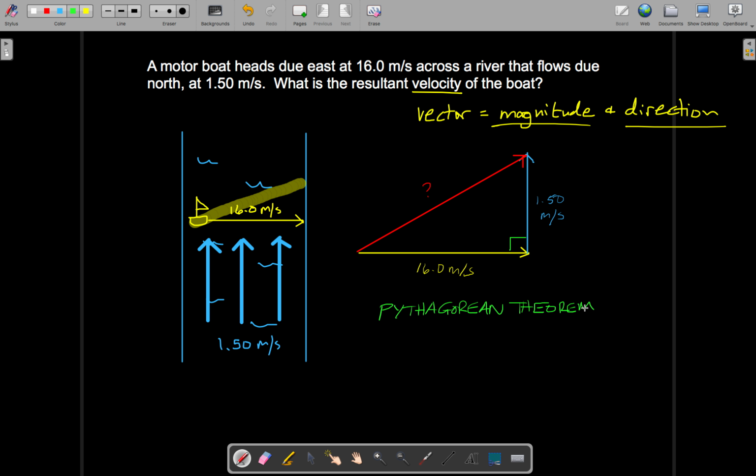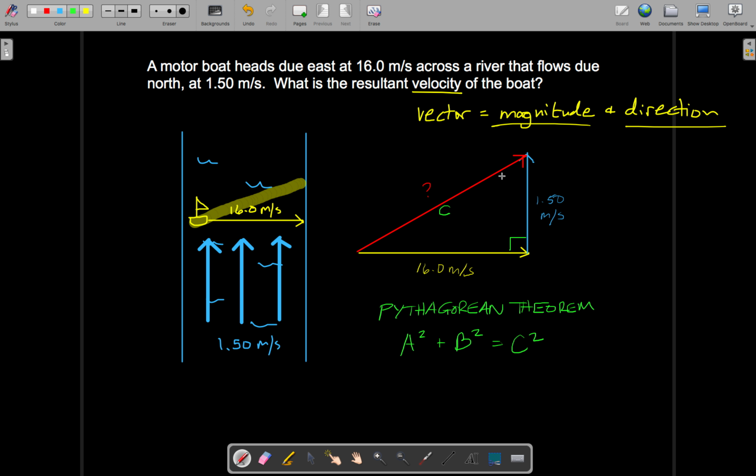Basically the Pythagorean theorem is simply put as a squared plus b squared equals c squared. And so we can use that equation to solve for this third side, which is actually our velocity right here. Keep in mind that c squared is in reference to the hypotenuse.